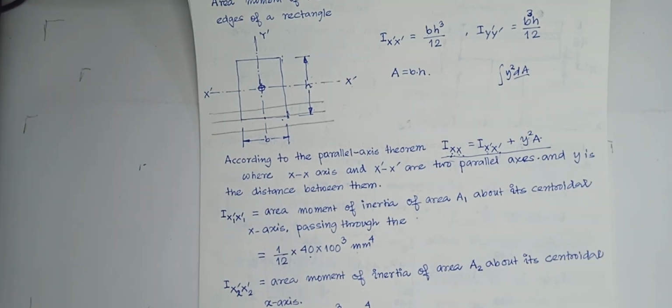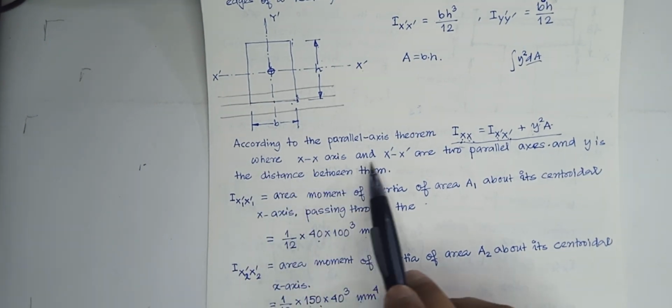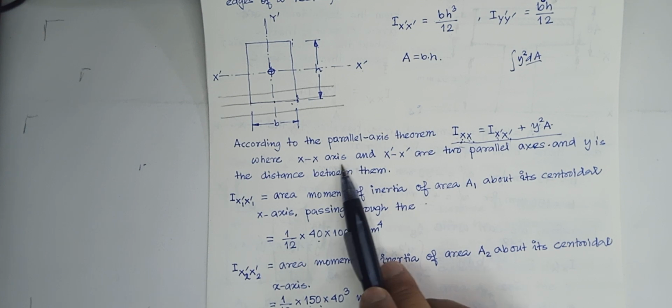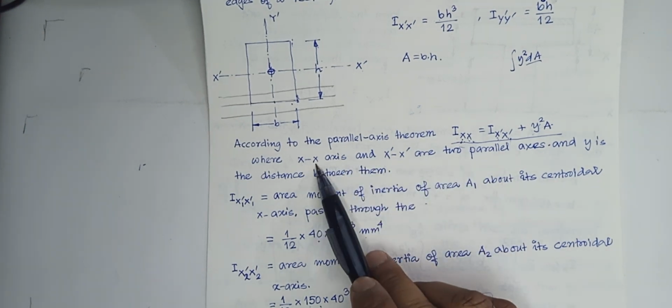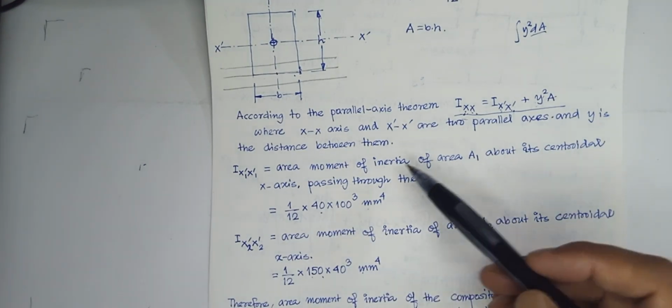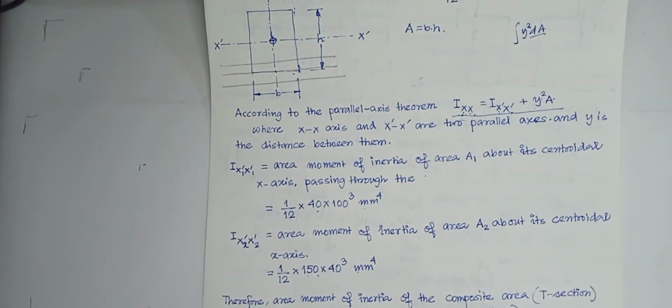Here it is a rectangle. Okay, I have mentioned that x prime is the centroidal axis and xx is any axis, and the distance between them is y.